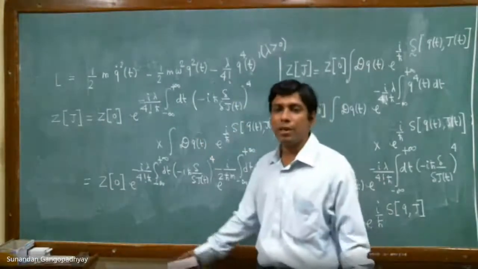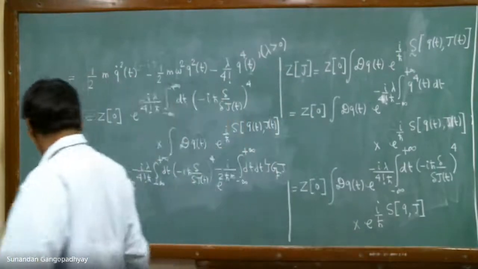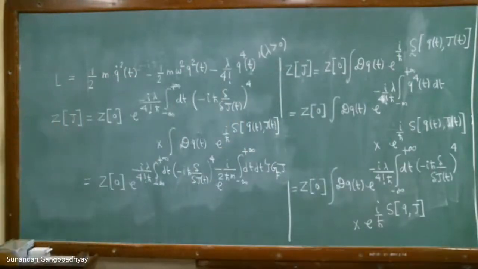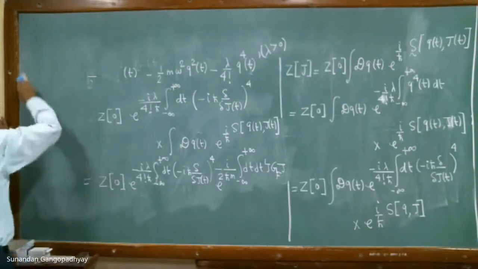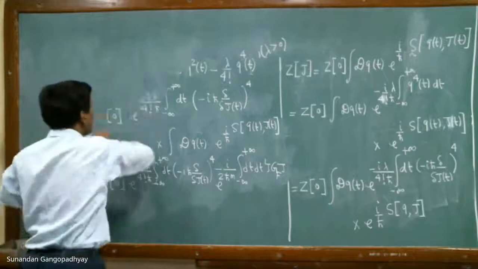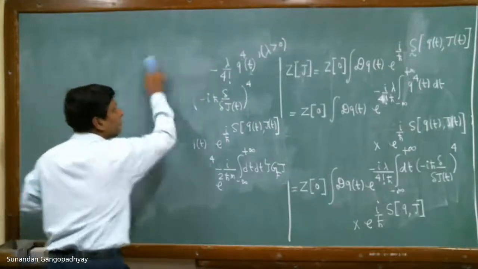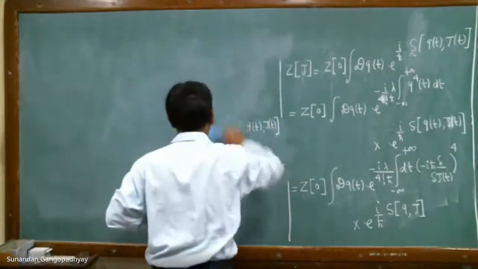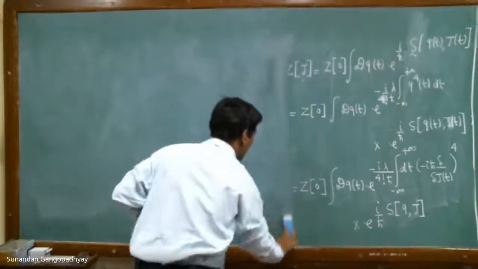The first assignment is basically very easy. This is a little bit non-trivial. For the second assignment, we just need to do the first order in lambda, right, sir?